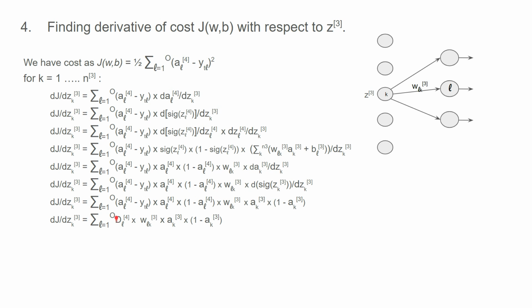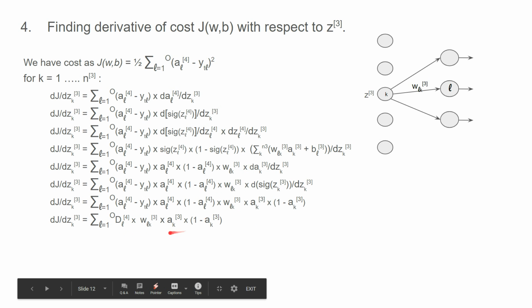Don't get confused by this capital O. This capital O is over the summation, it is not part of the inner content of the summation. Here also Wlk3 is there, and let's move to the next step.